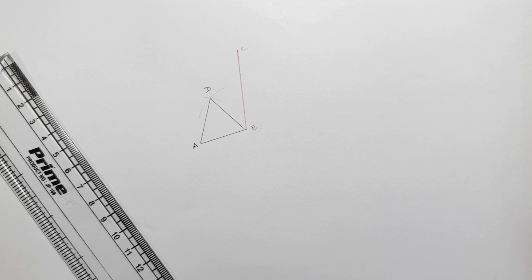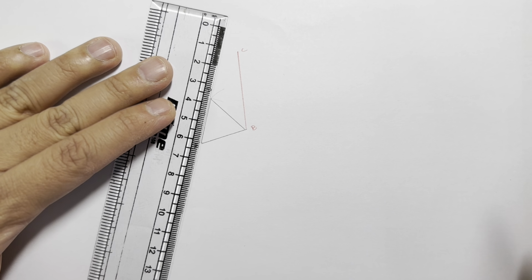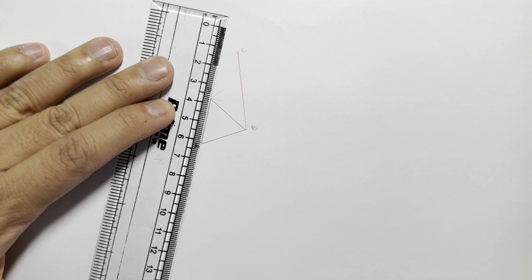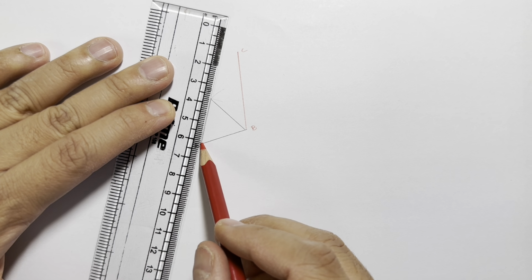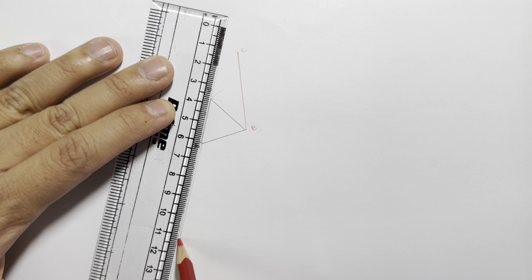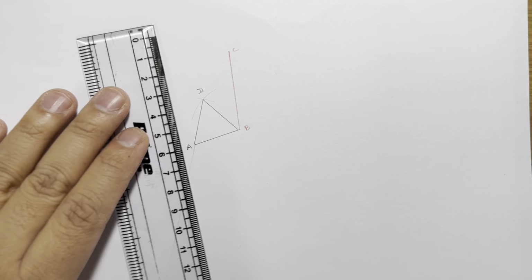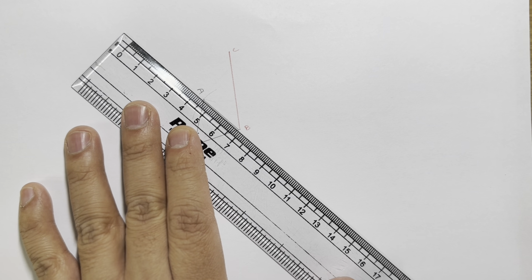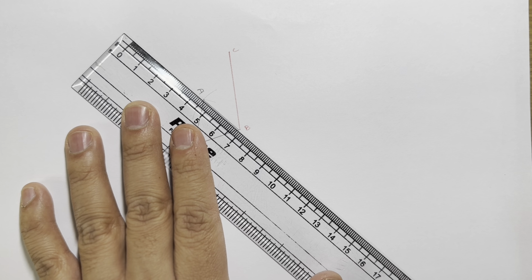Now what we do next is we just extend the line AD. Suppose we extend it, and we extend DB also.